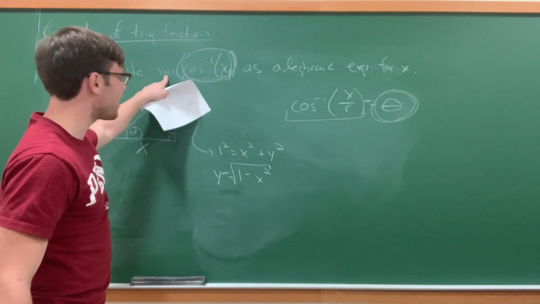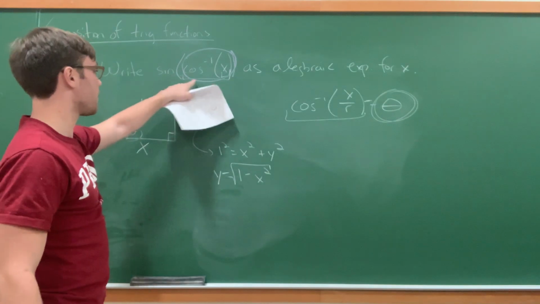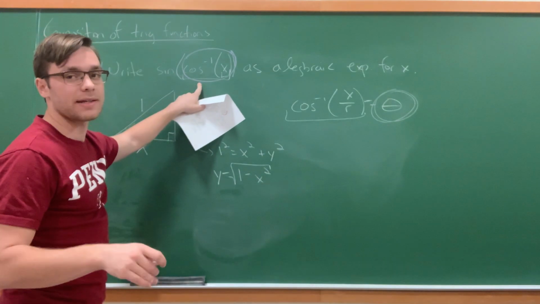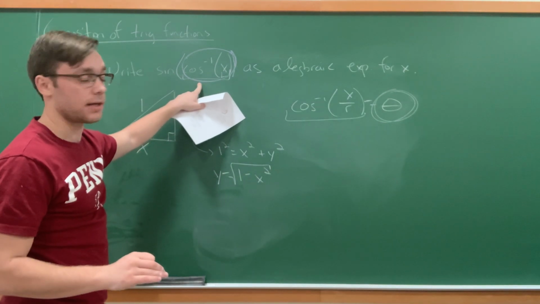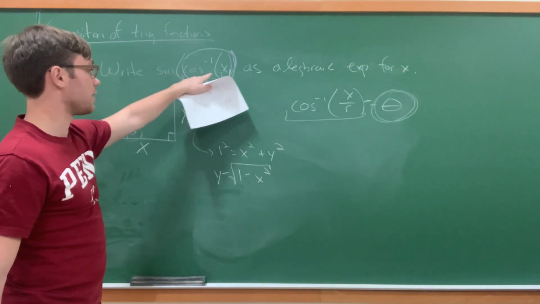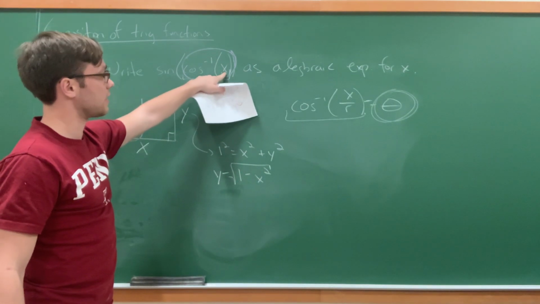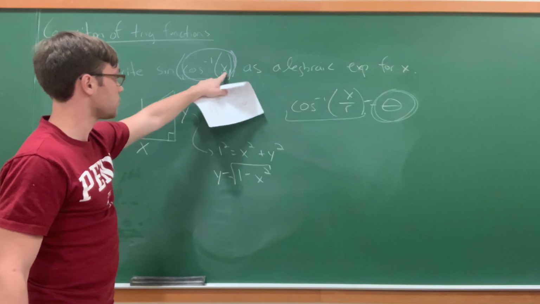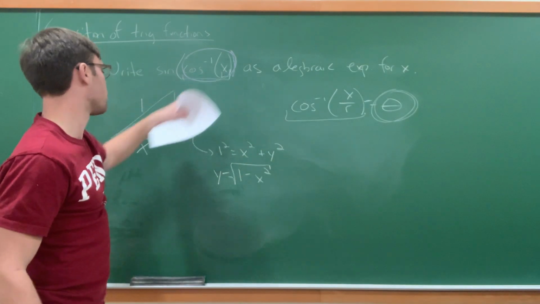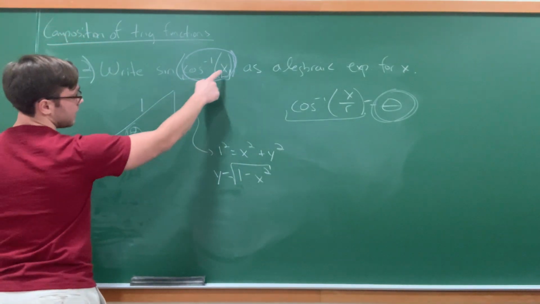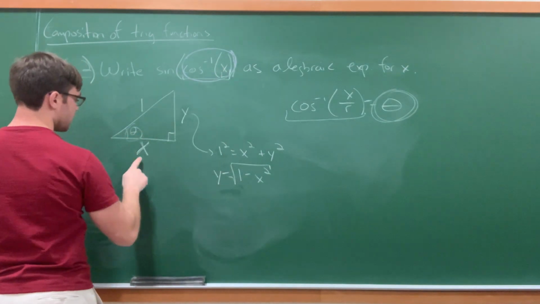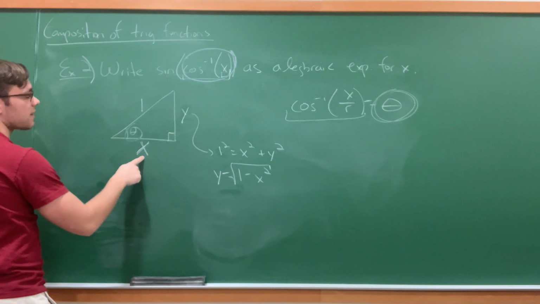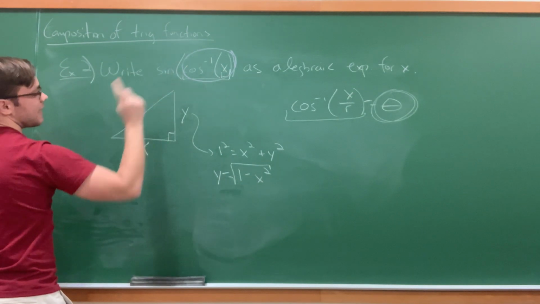So we want sine of theta, right? What they're describing is a little bit of what this triangle looks like. The x value is just x, right? You're plugging in an x to cosine inverse. So this thing is just x. It could be anything. It could be elephant. It could be 7. In this case, they just give it to us as x. And then we say, okay, what's the sine of that?